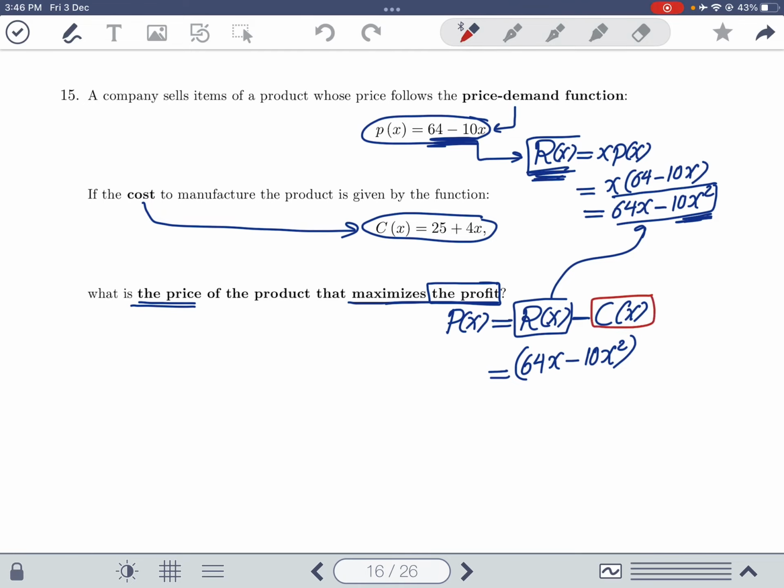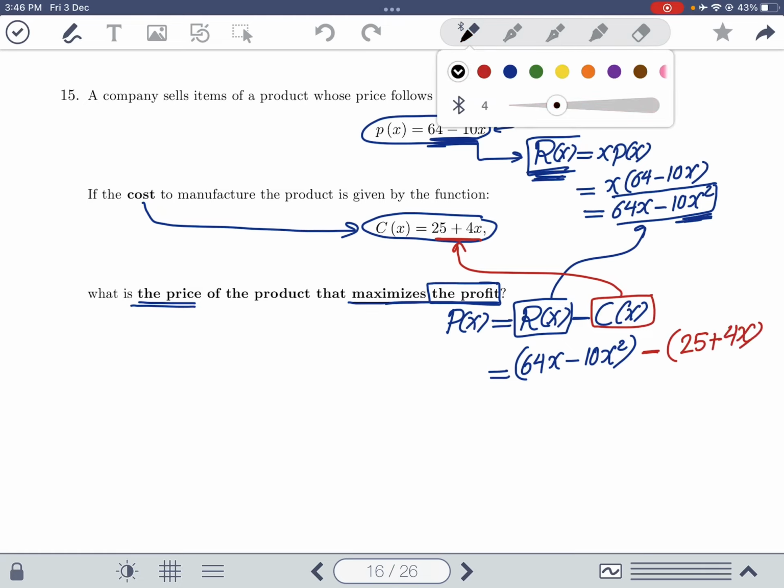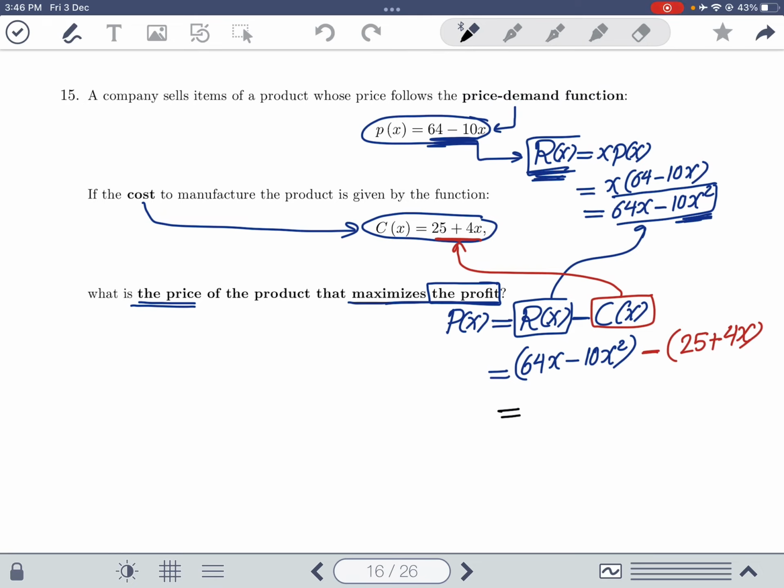The cost function is given to us here. So minus, and then you have 25 plus 4x. So this means that the answer will be 64x minus 10x squared. I'm doing it slowly, minus 25, and then the minus will go inside because it goes to both of them, of course, minus 4x.